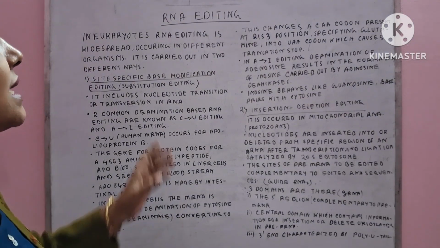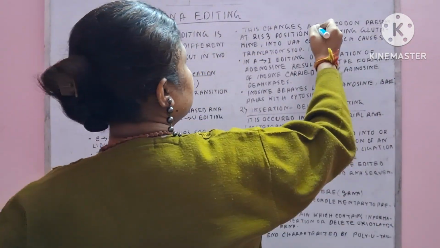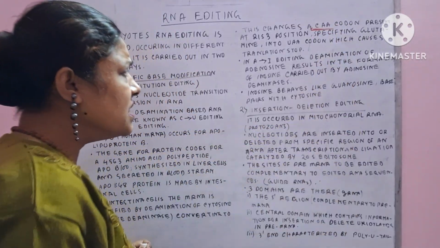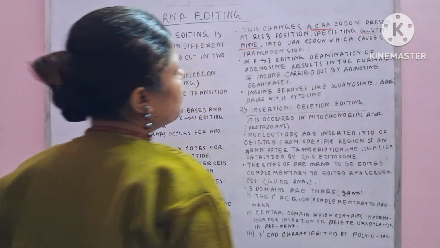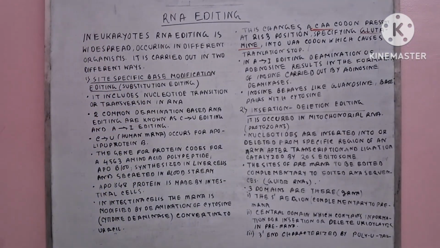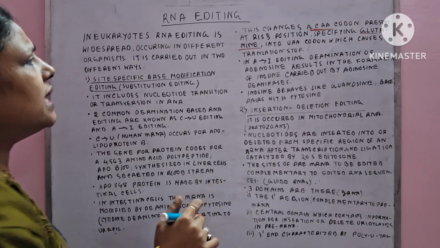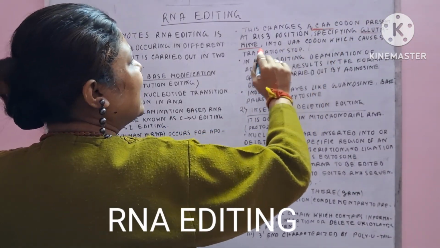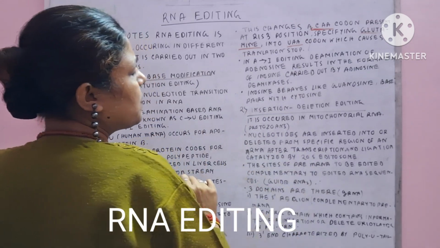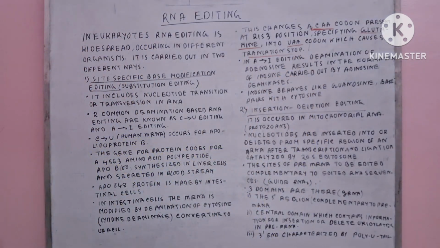You can see that the codon CAA is specifying glutamine. But when this conversion occurs, the CAA codon changes into a UAA codon, which causes the translation to stop. Clear?